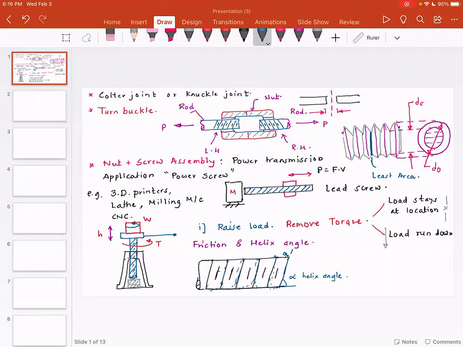Now, just for the sake of simplicity, imagine that you wrap a thin strip across the thread. So what I'm going to do is take a thin strip of paper, or a thin strip of aluminum foil, or just a thin wire, and wrap it around.